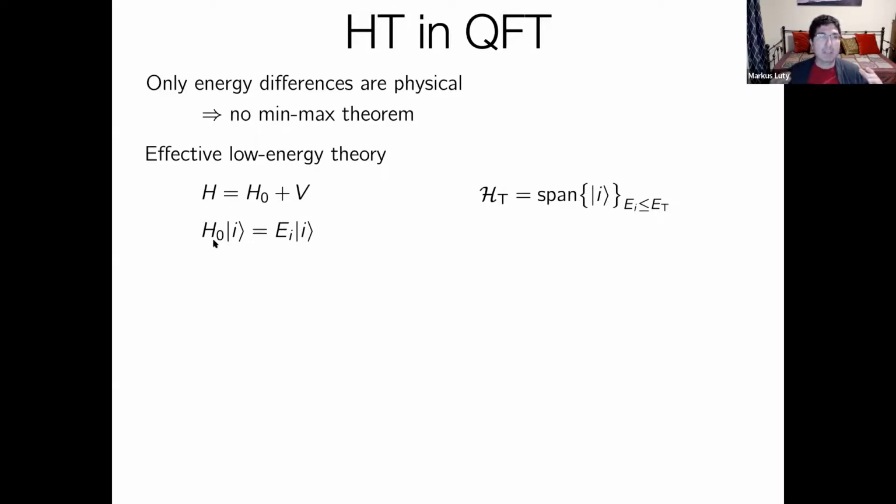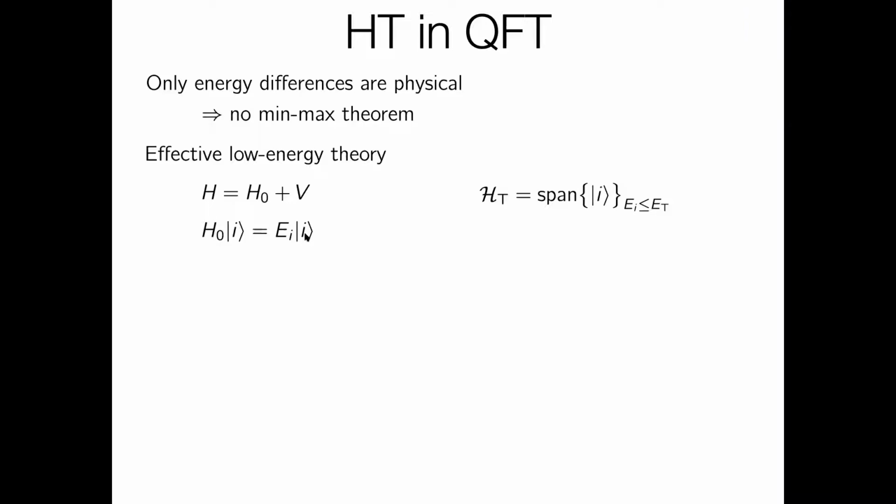So I take my free Hamiltonian, which defines some energy that is of course not the true energy, the eigenvalue of the full Hamiltonian, but I use the unperturbed Hamiltonian to define my truncated space with some energy cutoff.